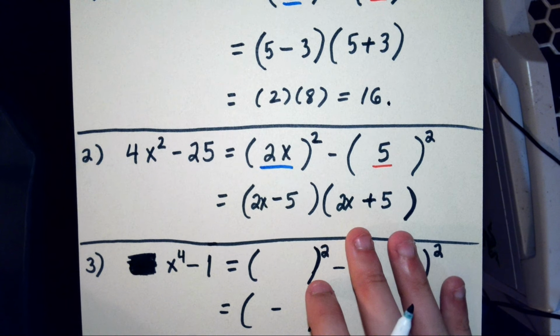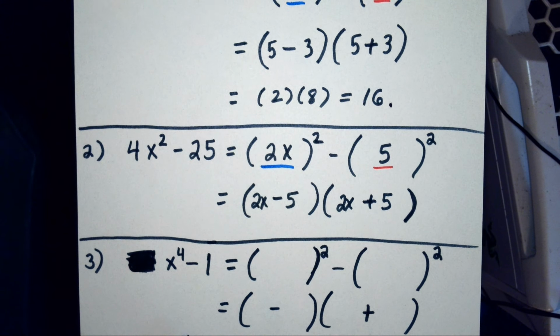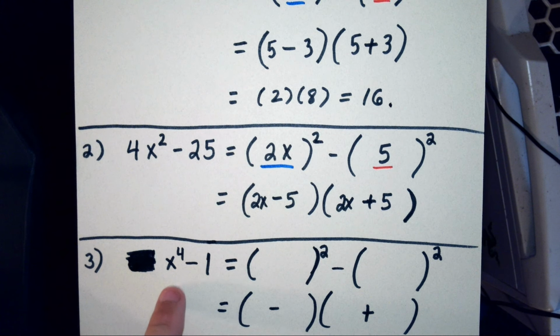Awesome. Lastly, we're going to look at a slightly trickier example, and you'll see what I mean in a moment. We begin with x to the fourth minus 1, and we want to factor that. What's the square root of x to the fourth?